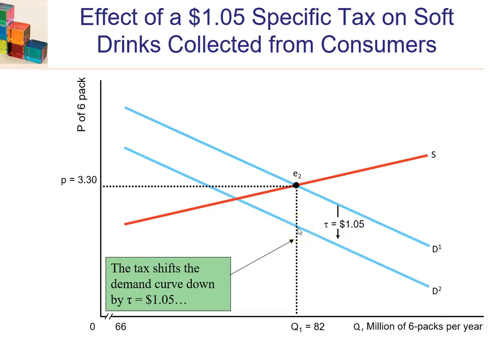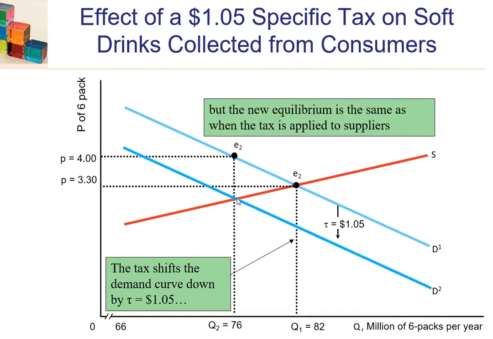However, this is not the new equilibrium point. The new equilibrium point is the intersection of the original supply curve and the new demand curve. The new intersection translates into a price that the buyer pays now of $2.95 at the retail location in Philadelphia.